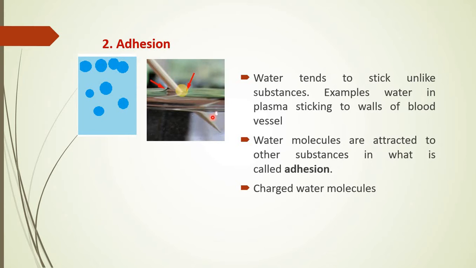And once again, this attraction is because of the charges present in the water molecule, as we have discussed earlier. So what is the significance of this property with reference to biological life? The best example I can quote is your blood. The blood which flows in the blood vessel keeps flowing because it adheres to the walls of the blood vessel.